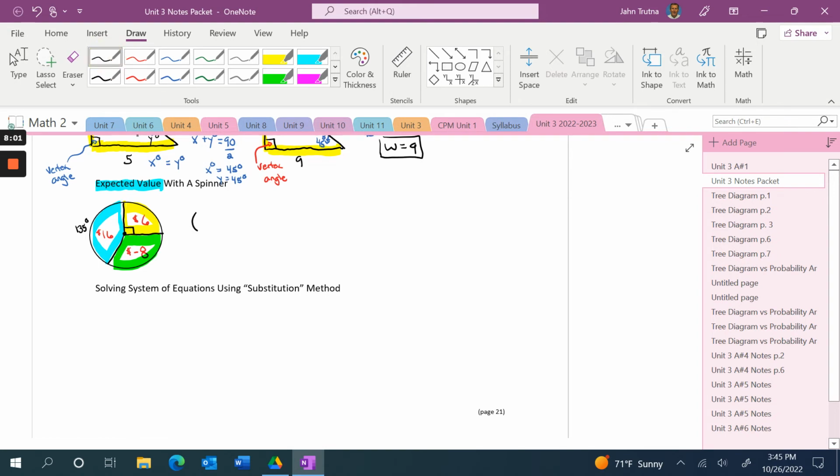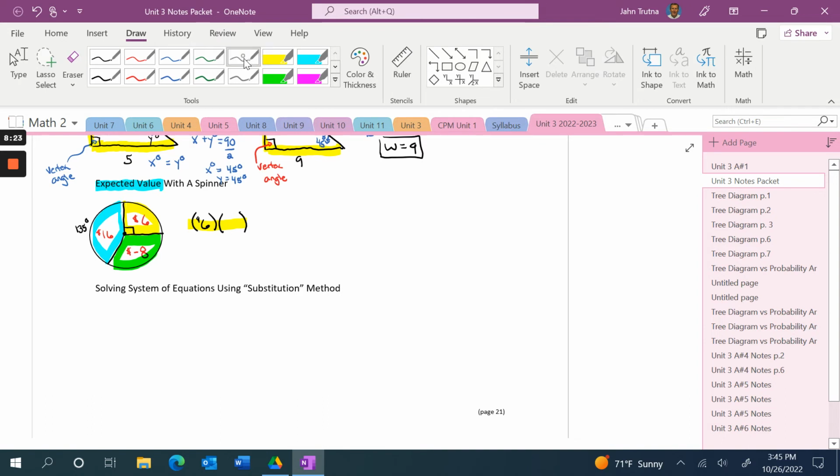You take the value of the section. We're going to start in the yellow section, the $6 section. So you take the value of the section and then you multiply it with the fraction of the spinner that that section is. Now, the yellow section is 90 degrees of the circle, okay?